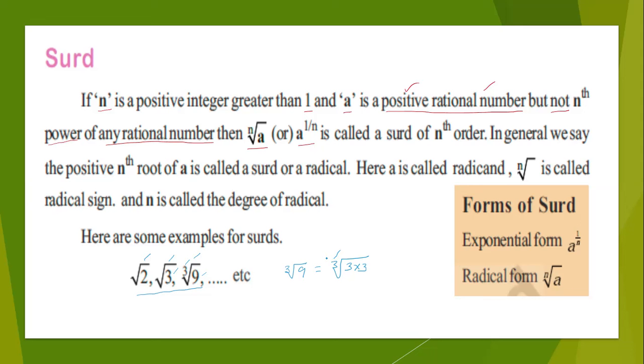But what is the power here? Nth power means here the power is 3. So the 9 is not a third power. It is a power of 2, not a third power. Hence, cube root 9 is a surd. And you may remember the surds may be expressed in two forms.